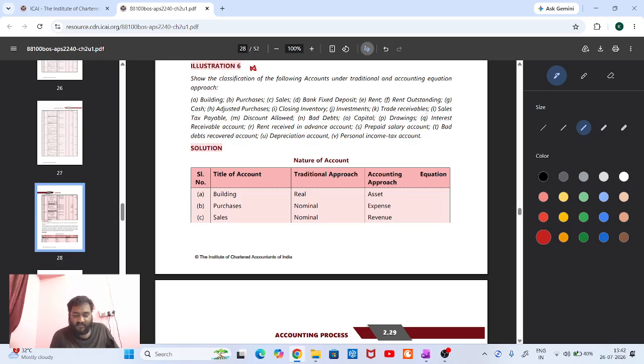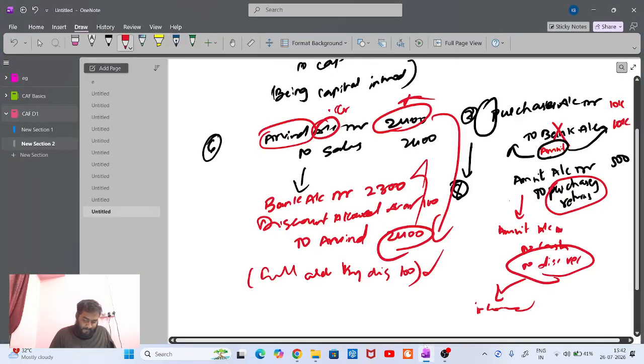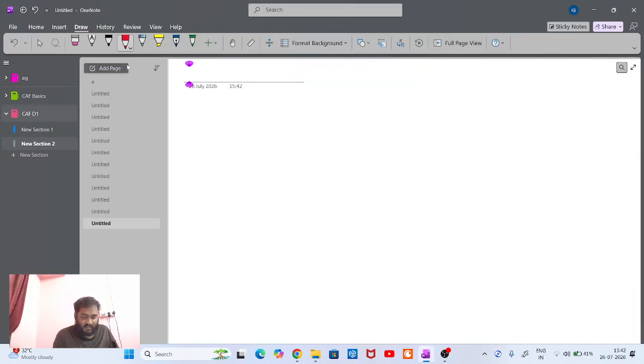This is homework for you. Please just do this. I'll give you a tip for this. What is the page number? 10. We are going to page number 11. Just illustration 6.